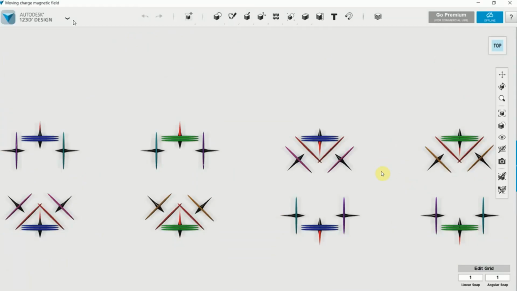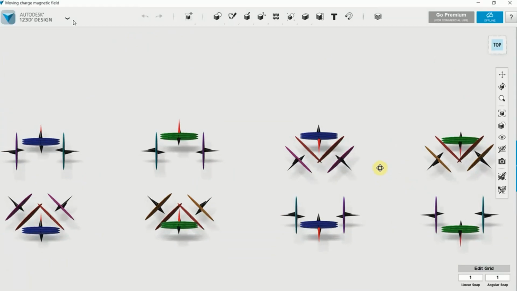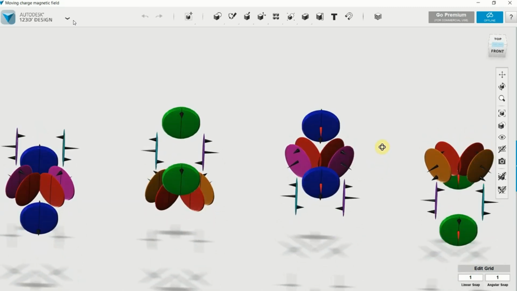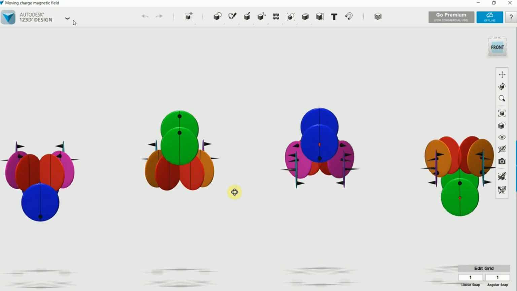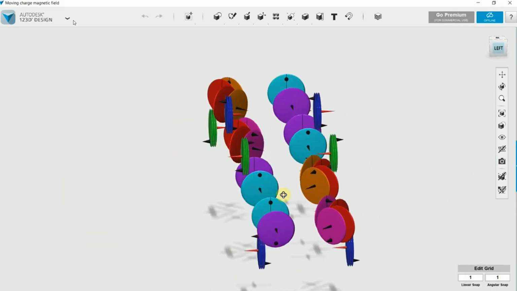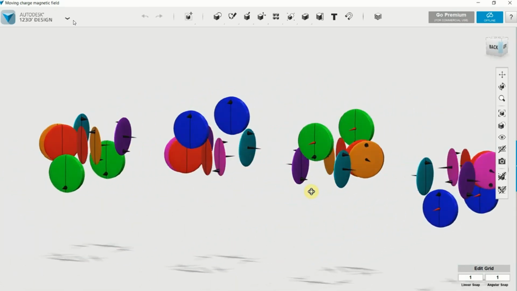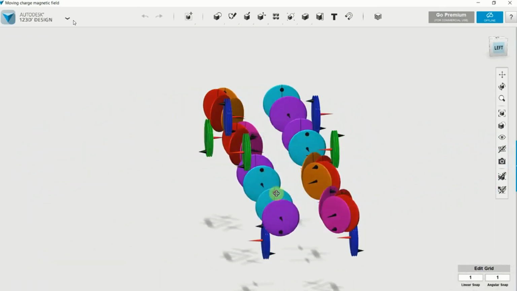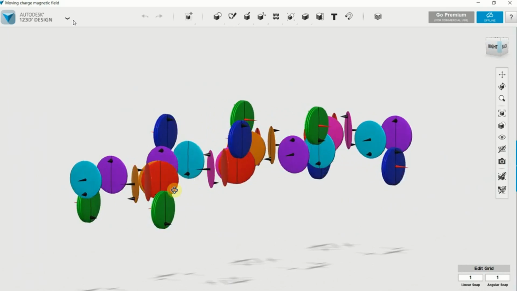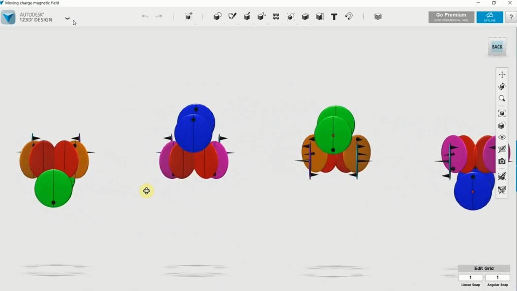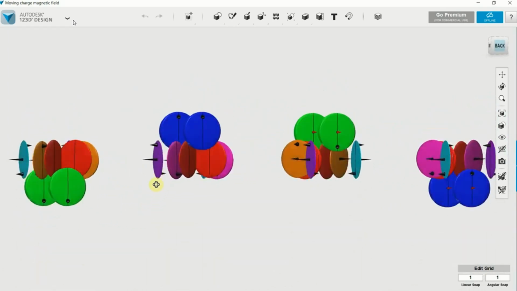We can see from the 3D picture that opposite moving charges will produce magnetic fields opposite in direction. And opposite charges also will produce magnetic fields opposite in direction.